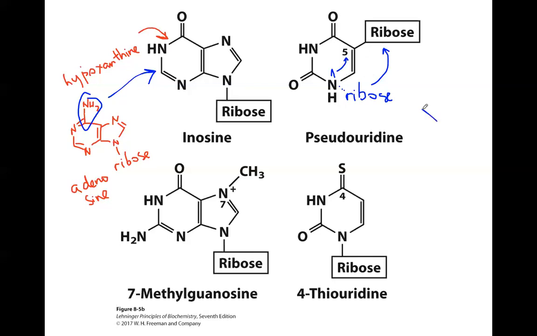So now imagine you have ribose, right? Now you have a nitrogen here, like so, versus you have a ribose, and now you have a carbon, right?